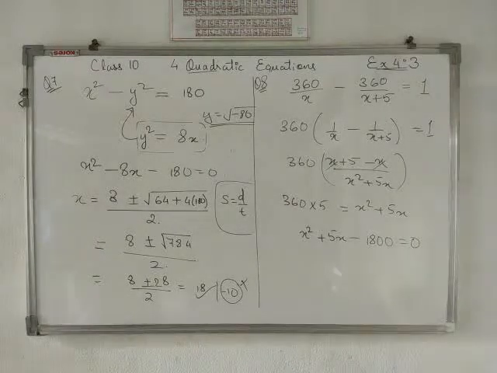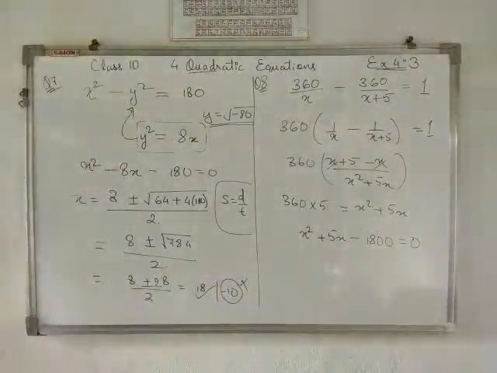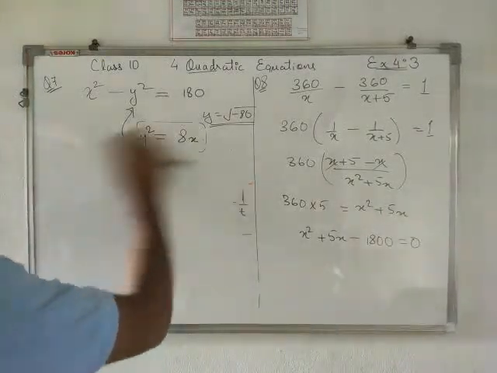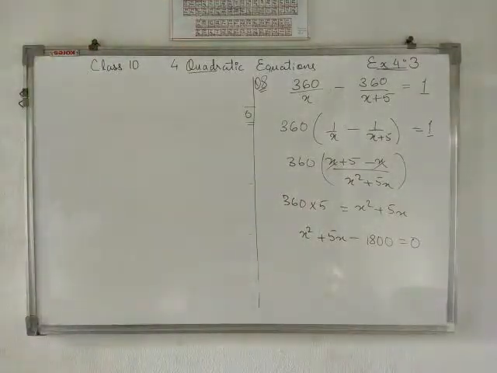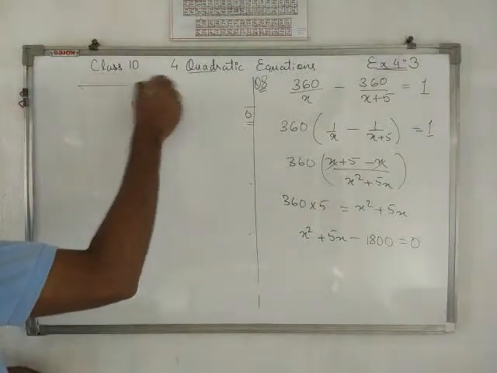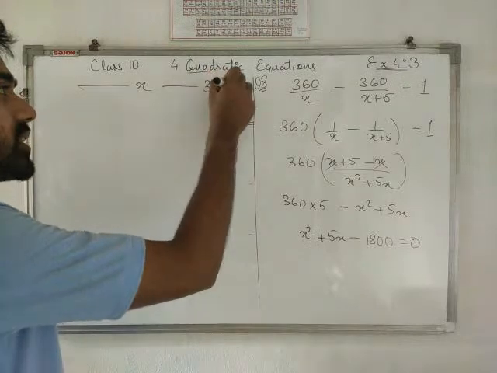Okay, let me explain it again. We have a situation in which they are saying the train is running at a uniform speed. So I have taken that speed to be x, and at this uniform speed, it has covered 360 kilometers.